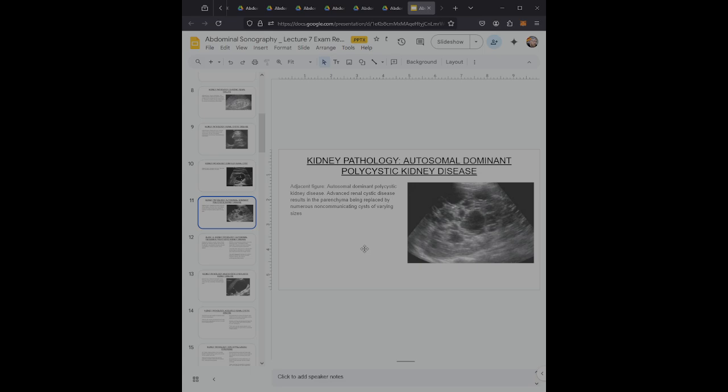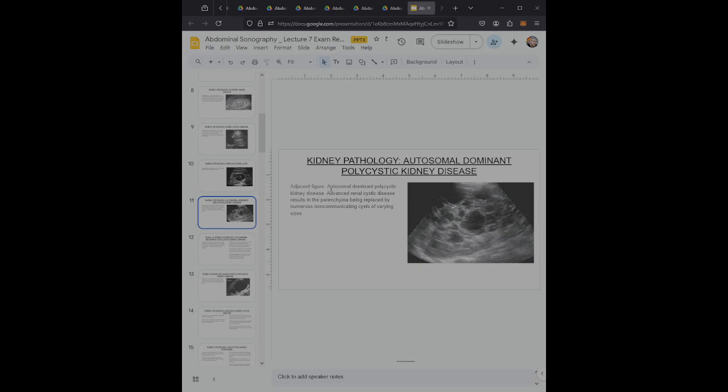Infected renal cysts have internal debris and thick walls. Milk of calcium cysts show a fluid level within the cyst, and there is shadowing and layering within the cyst. Multilocular renal cysts have thin septations separating fluid locules, and there's no blood flow.